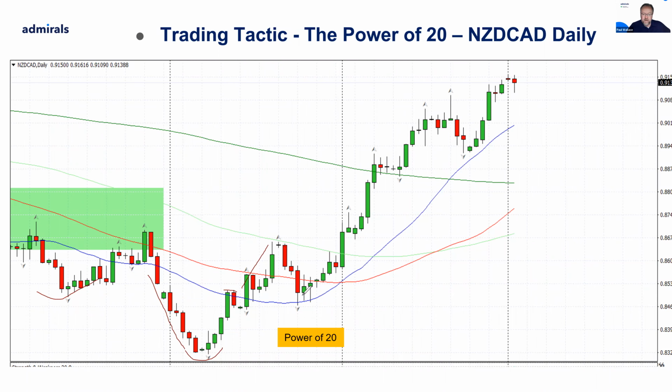Price comes back down here, and look at what's happening now. The 20 period moving average is starting to turn up, and price can't close beneath it, can it? And here we have a nice little rejection candle. It's getting squeezed between the 50 and the 20, and that's the confirmation that the 20 is supporting. It has reversed, and you can see for yourself, off it flies that way.